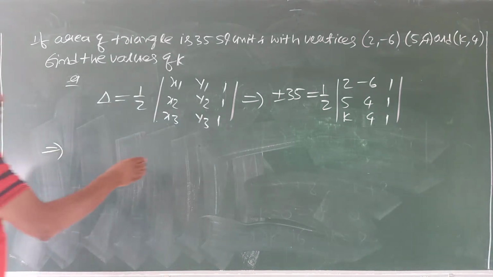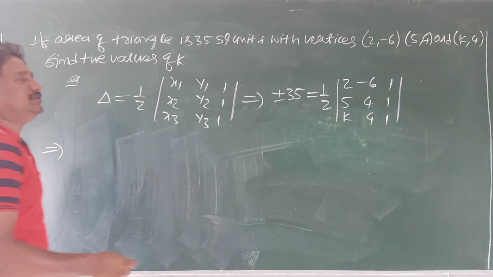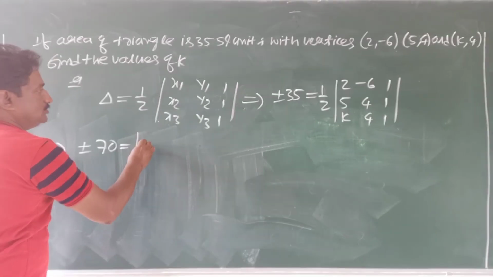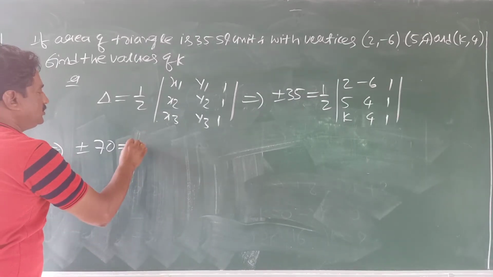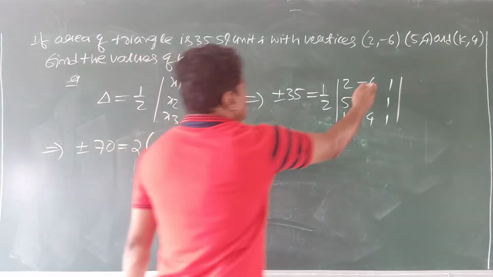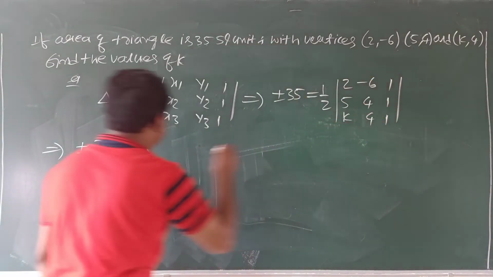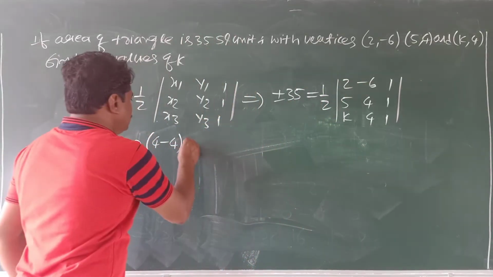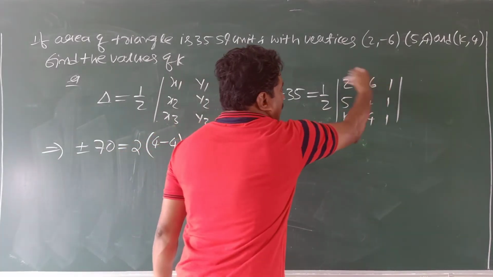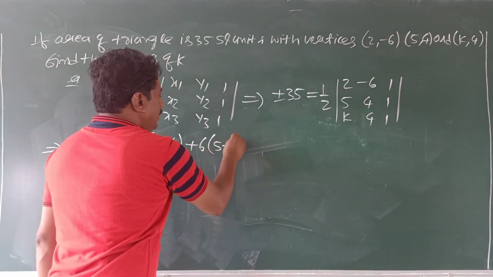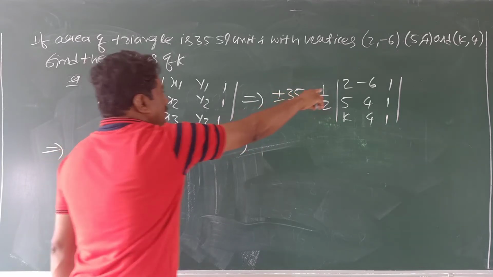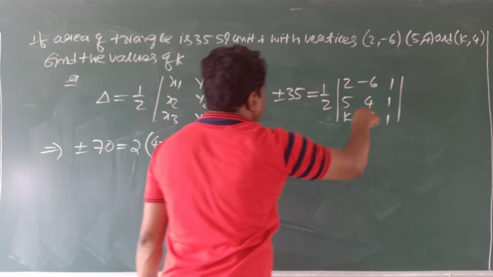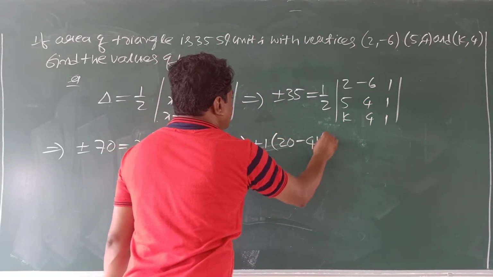That implies cross multiply. 35 twos are 70, so plus or minus 70 is equal to the expansion of the right side. 2 into, leave that column, 4 ones are 4 minus 4, minus of minus plus 6, leave this column and row, 5 minus k, next plus 1 into, leave this column and row, 5 fours are 20 minus 4k.